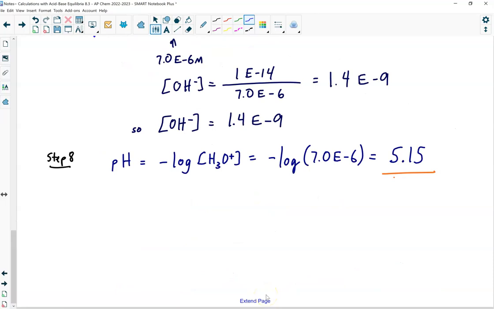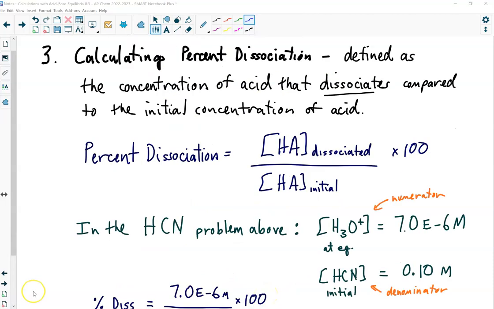Now, scroll that up so you can see. Okay, so again, calculating percent dissociation. You know the initial concentration of your weak acid. You've calculated the amount that is dissociated into H3O plus, and that's going to be the numerator, because remember, all percents are part over the whole times 100.